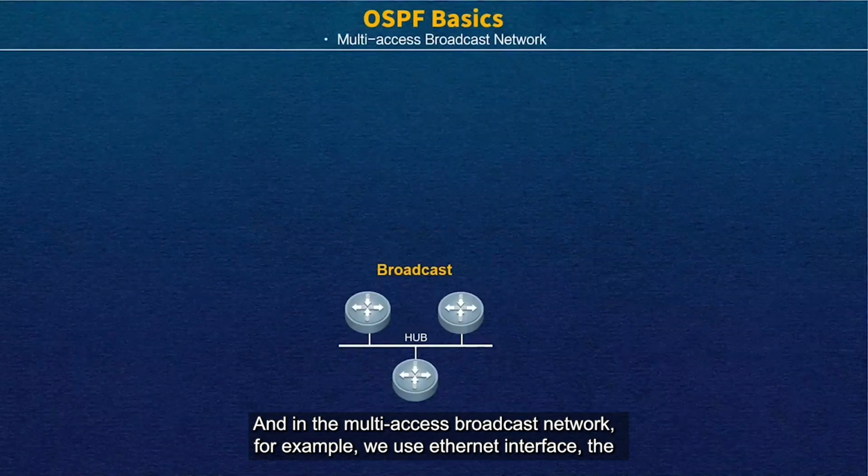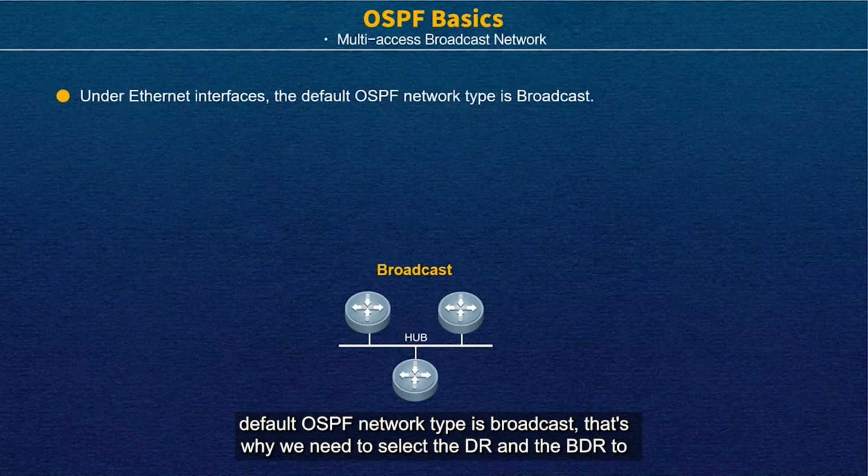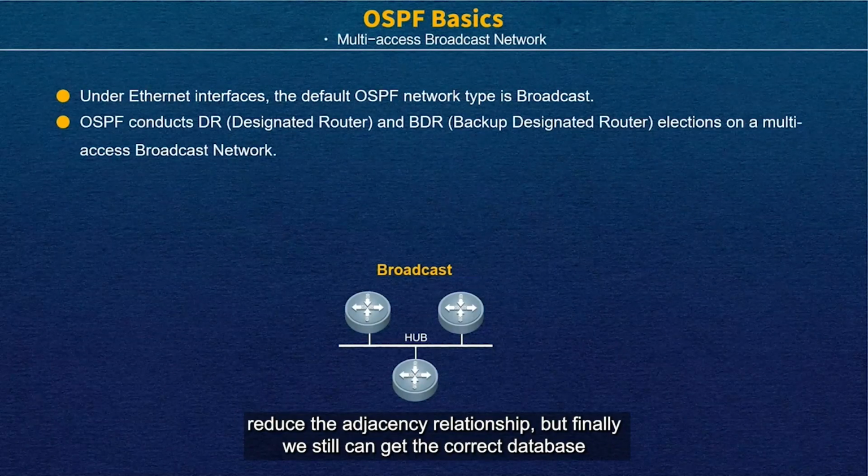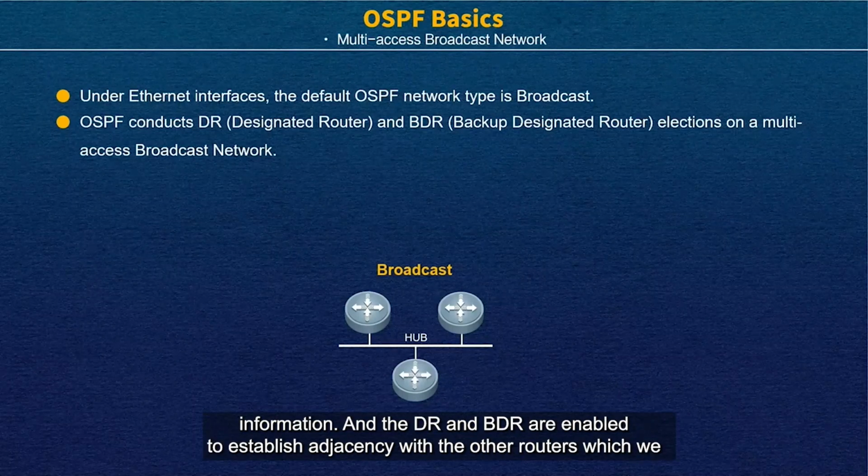And in the multi-access broadcast network, for example, where we use the Ethernet interface, the default OSPF network type is broadcast. That's why we need to select the DR and the BDR to reduce the adjacency relationships, but finally we can still get the correct database information.